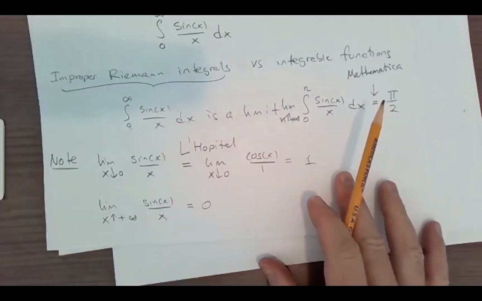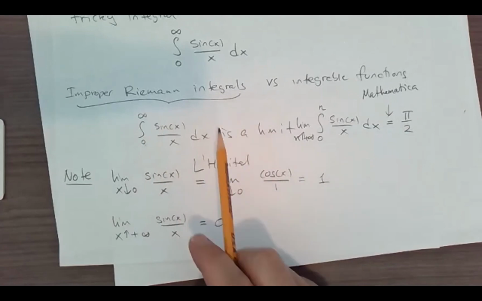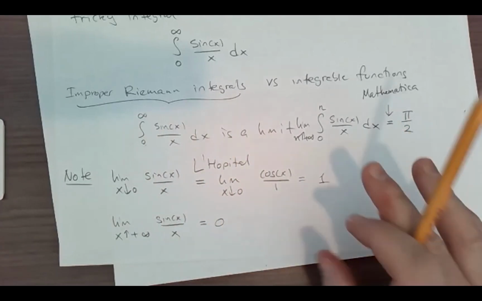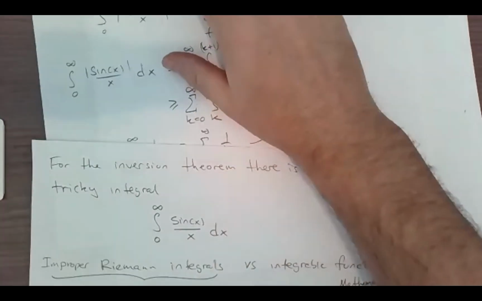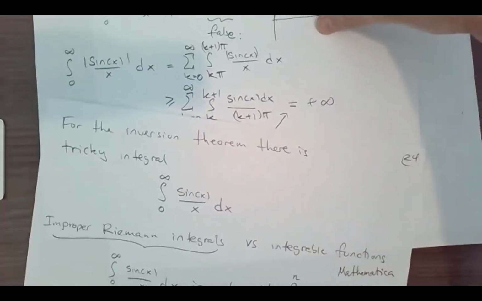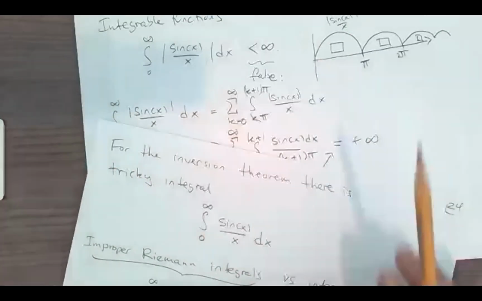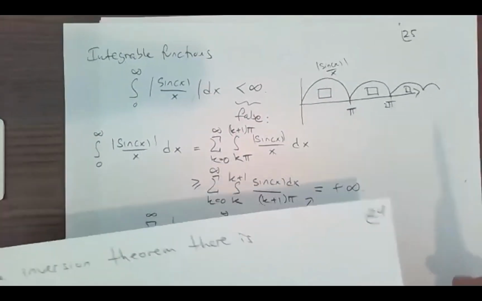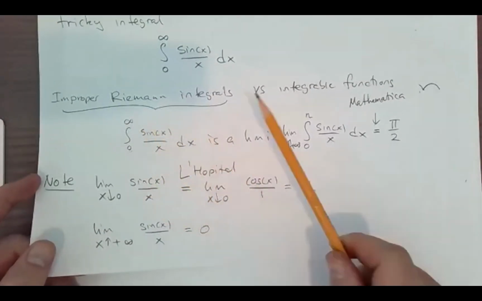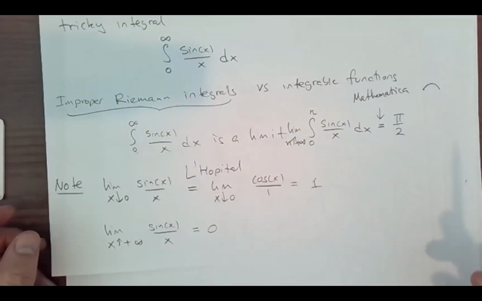So we have a situation where the improper integral is well defined, but the integral is not defined. Okay, so the function is not integrable, but the improper Riemann integral is well defined.